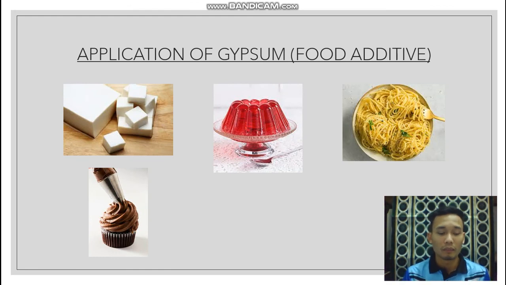Because gypsum is considered generally safe for humans, it can be used in small amounts in food and beverage production. Food products that may be made with gypsum include baked goods, candies, ice cream and other frozen dairy products, pudding, gelatin, pasta, and tofu.